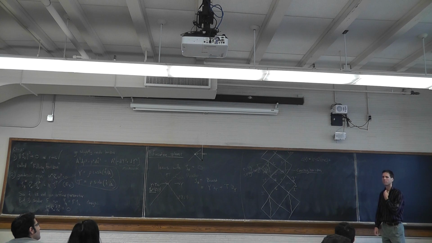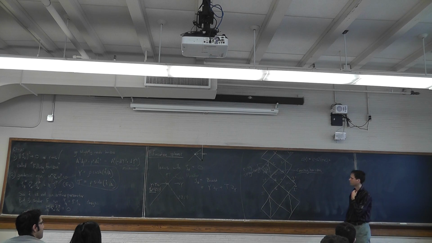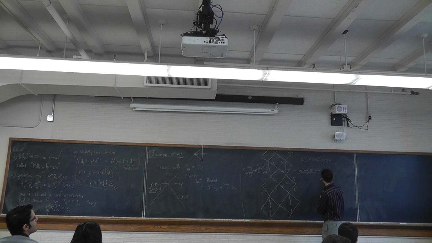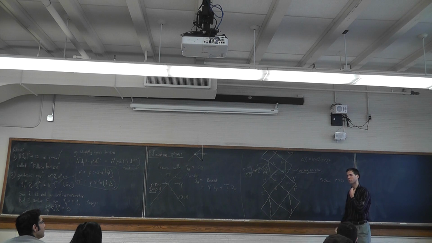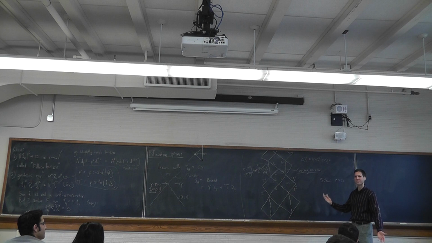Why does the fact that it's a ring singularity mean that you can avoid the singularity? Well, for Schwarzschild, the singularity is at R equals 0, and there's no way to get past the point R equals 0. You can head towards R equals 0, you can hit it, but now you're done. There's no past.